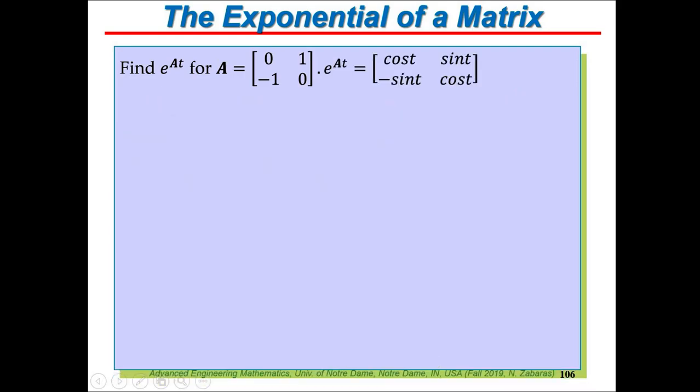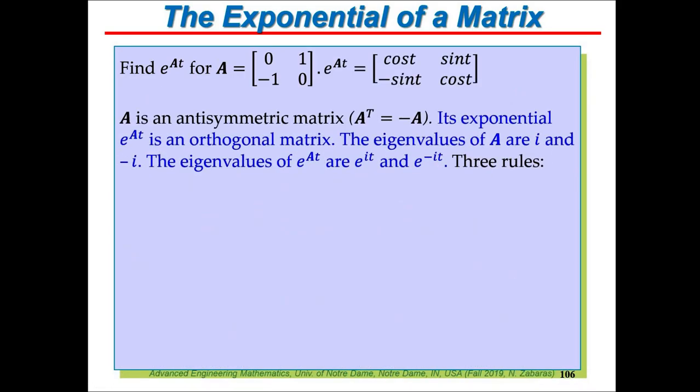I can see this slide actually summarizes some of the things I just mentioned. So in general, just remember some facts. The inverse of e to the At is e to the minus At.